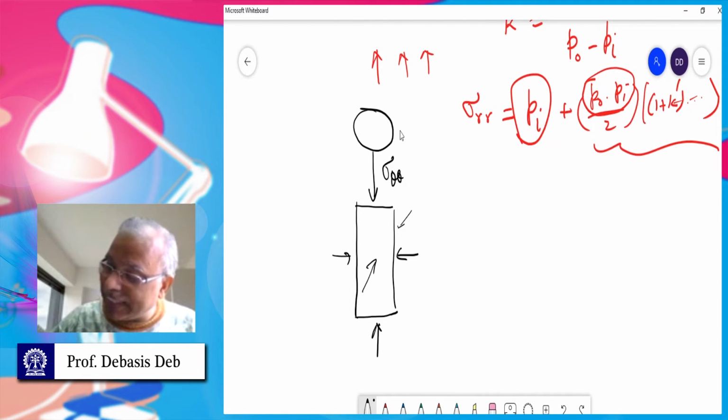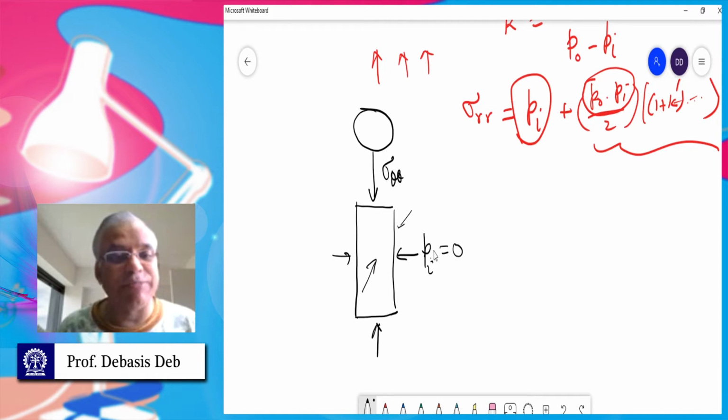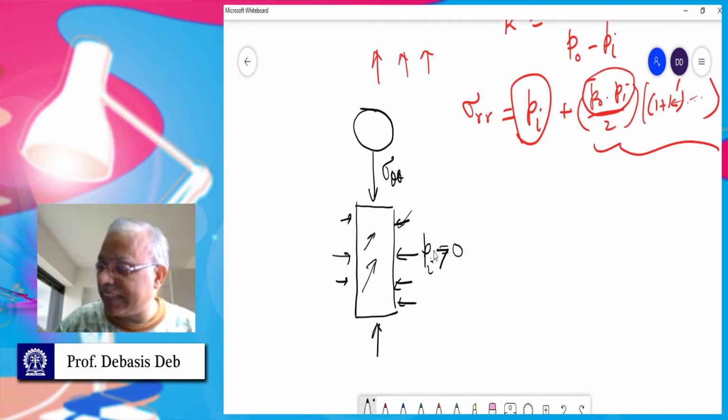So in all directions, if this is my Pi, and if this is 0, I'm not allowing any stress or any pressure. And if this is greater than 0, then what happens? I have applied this kind of stresses, so I'm holding the sample with some pressure.